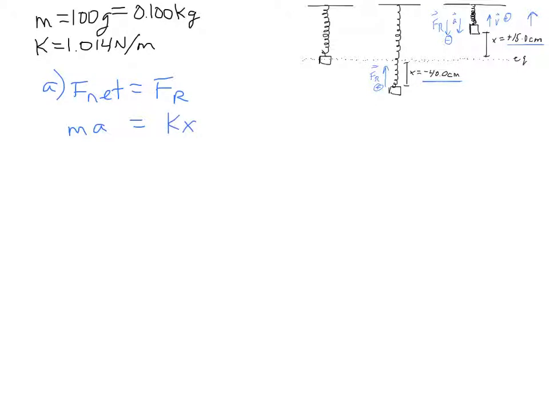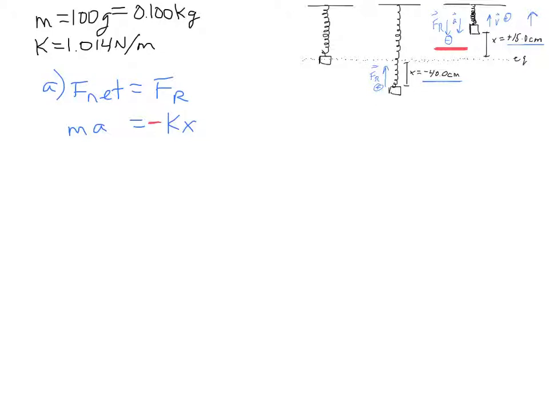Over here, where I'm underlining in red in the diagram, our restoring force and our acceleration have to be negative. So we put in our negative sign. We can rearrange this for a and figure out our acceleration at the point of 15 centimeters, which is what we're asking for.